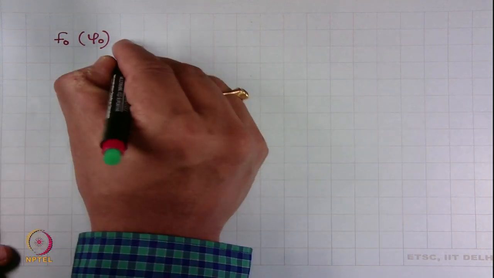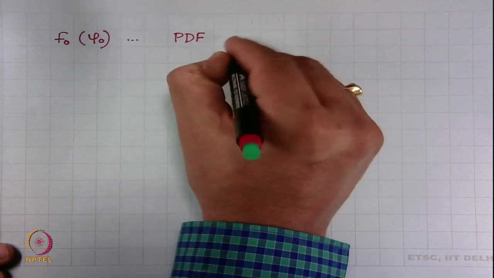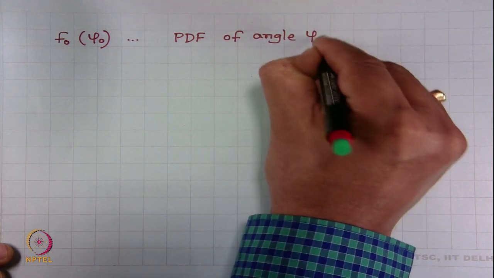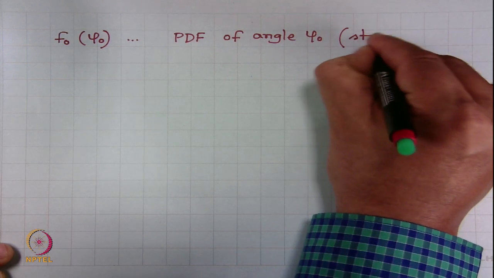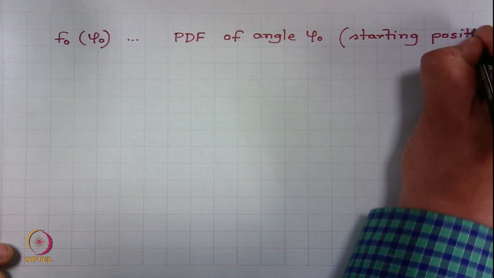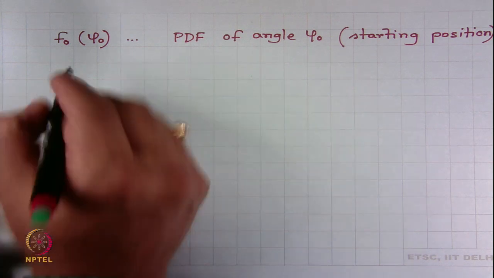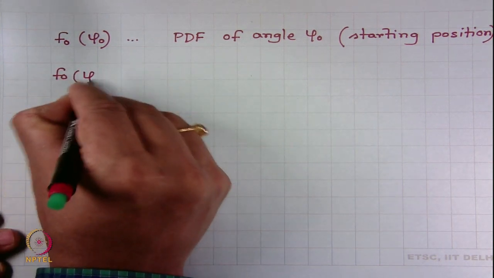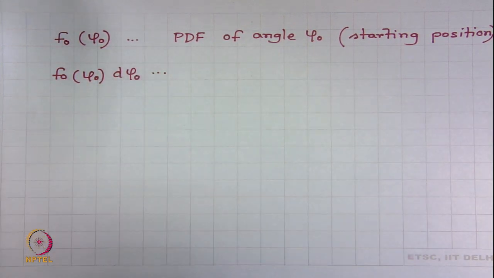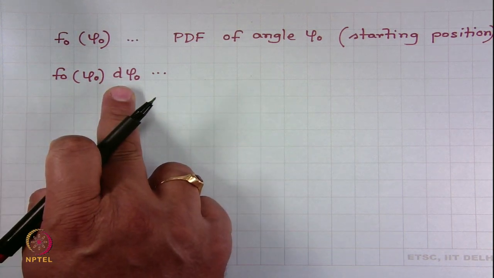This symbol means PDF of angle psi naught. So, this was related to the starting position. Then we have used another symbol. What is this? Probability density into class width, that is relative frequency.